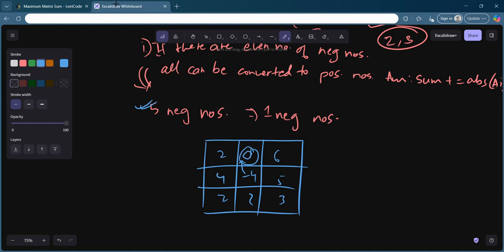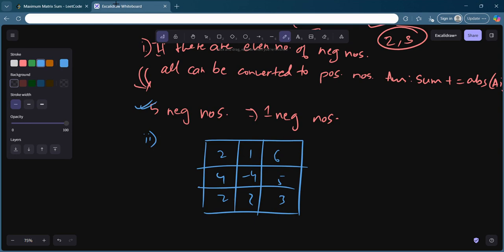What if there was 0? I could have multiplied both of them, this would become plus, and 0 minus would become 0. So this minus sign I would like to transfer to the place where there is the minimum absolute value.